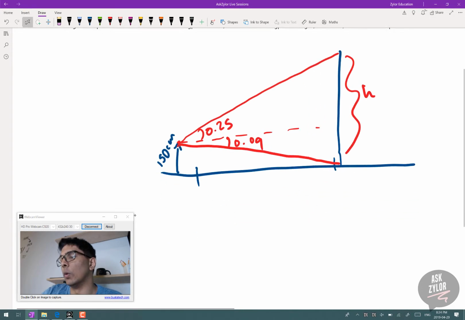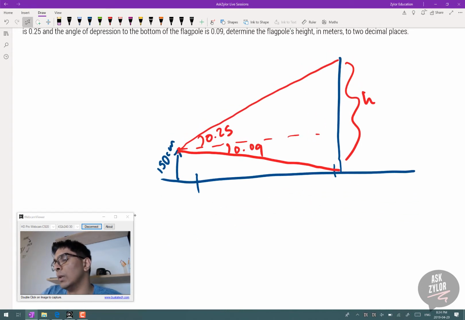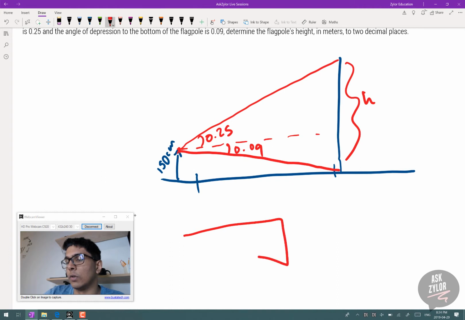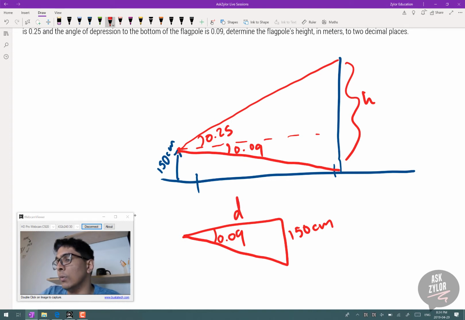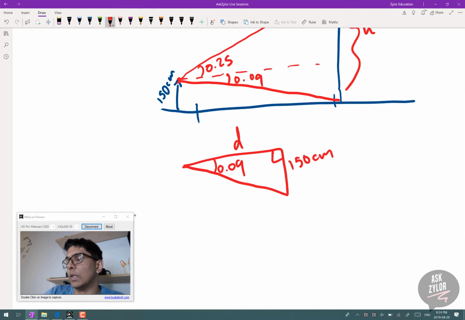So what we can do is break this up into two small triangles. We have the depression, which is 0.09, and we know the height for the depression is going to be 150 centimeters. So we can use that to find the distance across the two banks. This is my right angle.